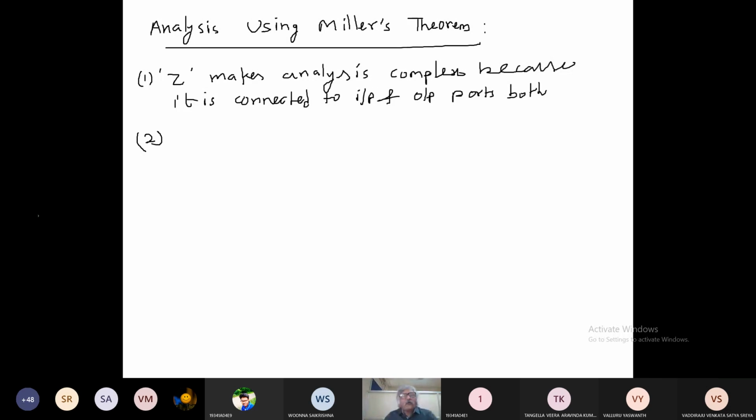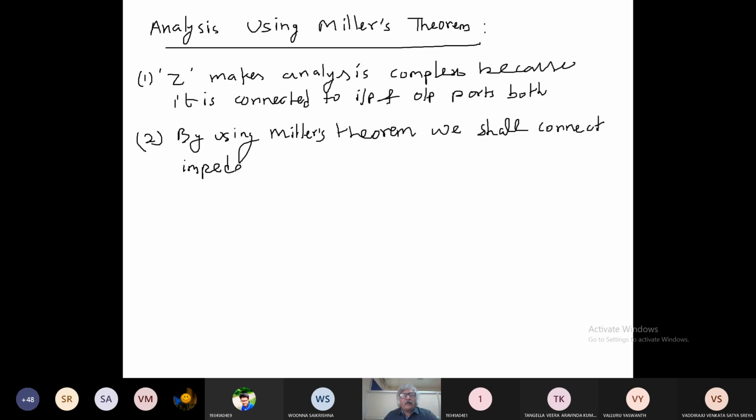impedance only at the input and output side. By using Miller's theorem, we shall connect impedances only at input and output ports.